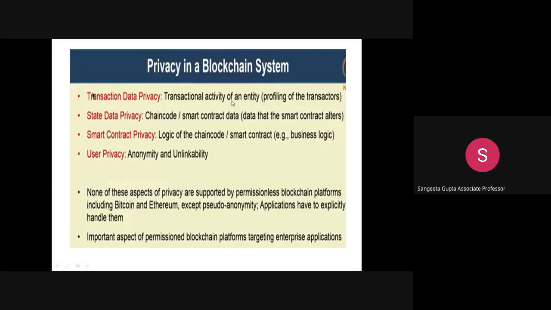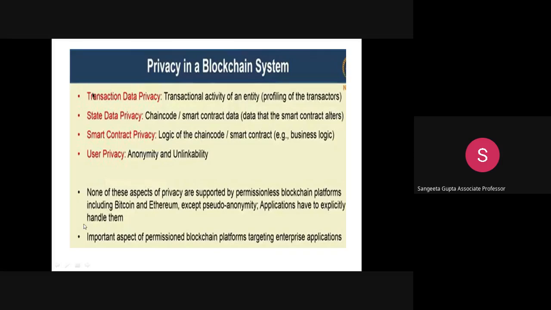Transaction privacy is with respect to the execution of each and every action, state data with respect to the modification of data inside the code, smart contract privacy with respect to the modification of the entire code itself, and user privacy with respect to the user identity and access control rights. None of these aspects are supported by permissionless platforms, including Bitcoin and Ethereum.